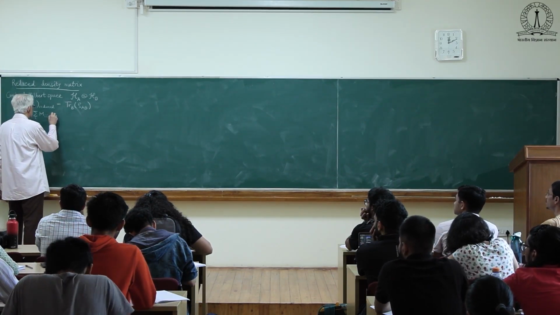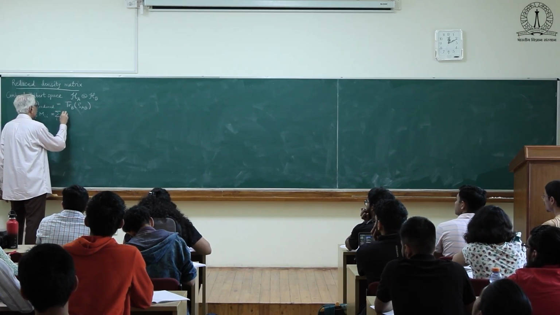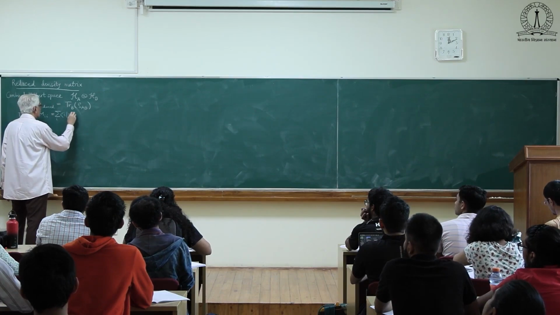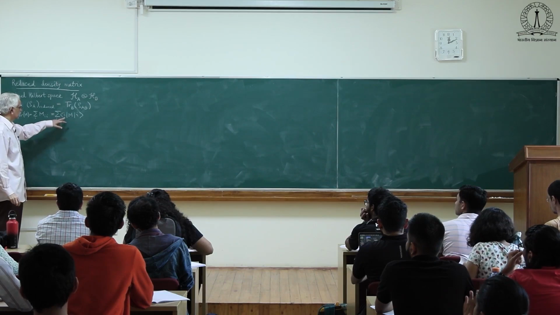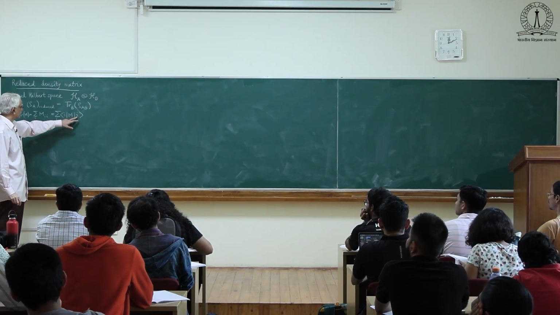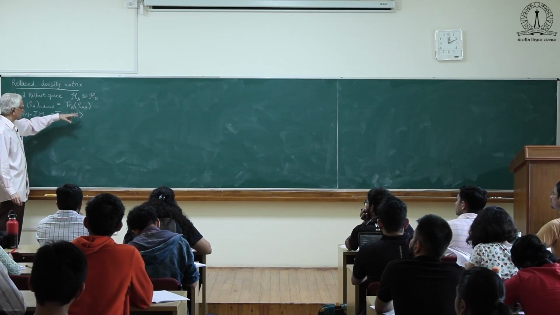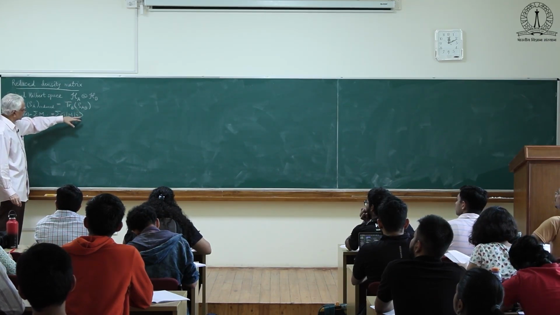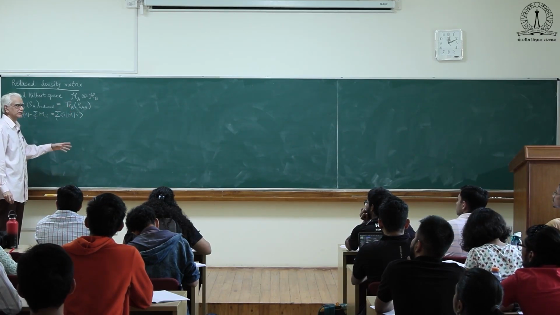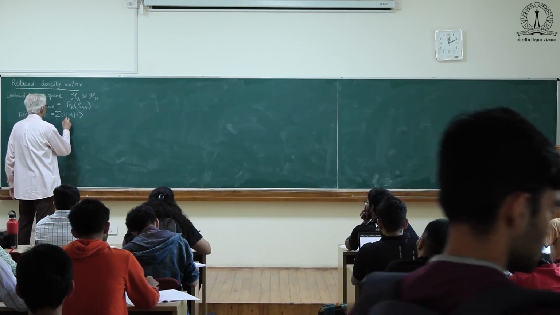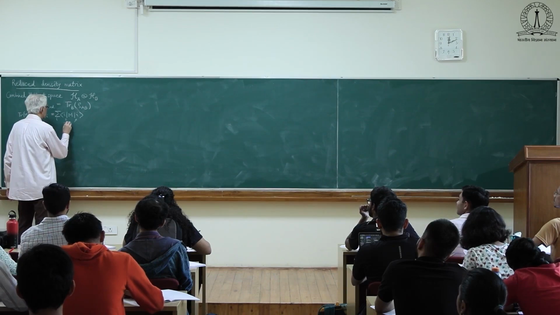The basis is taken to be orthonormal, so you can think of it as the Cartesian components of the vectors. First element is the first one, first Cartesian component 1 and everything else 0, then the second one, etc., etc. So this is orthonormal.